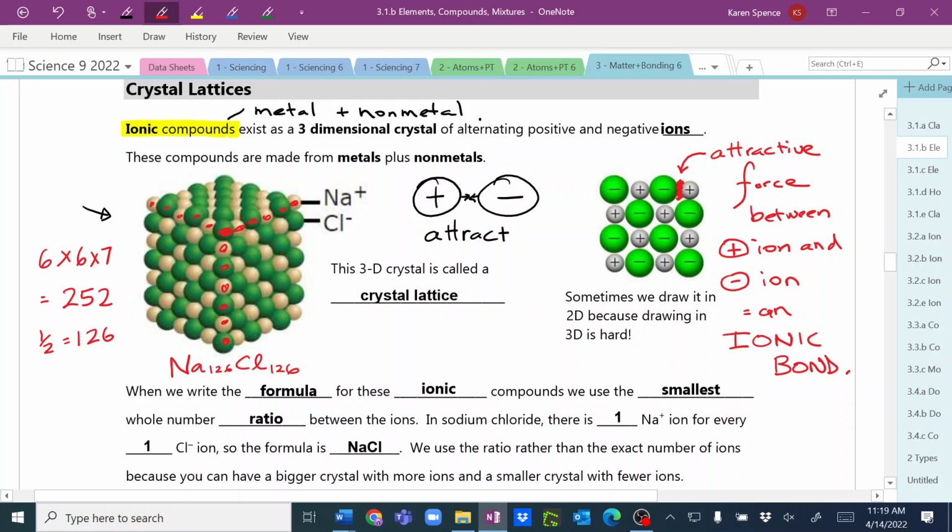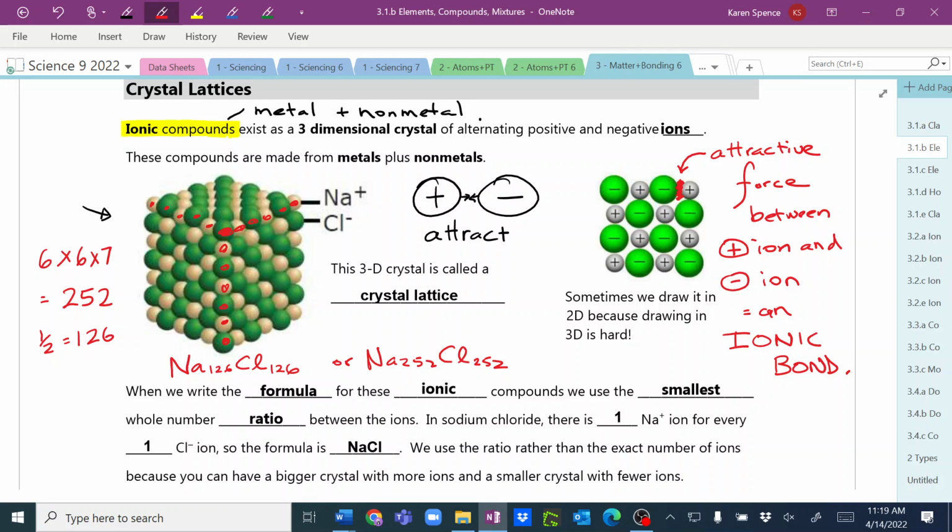Does that seem reasonable? No, it's really not reasonable. And what if you have a bigger crystal? What if you had a crystal that was twice that big? You could have Na 252, Cl 252, but your crystal could be any size. You can have big crystals, small crystals, medium crystals, they're all different. So it doesn't really make any sense to write in actual numbers.